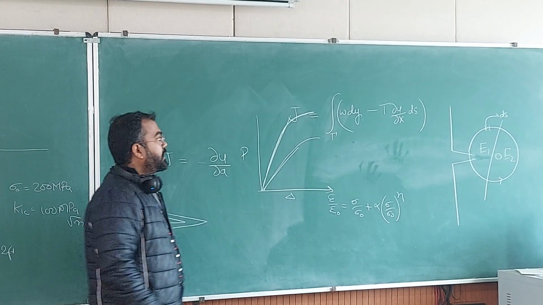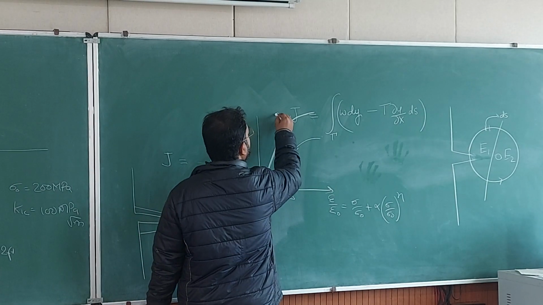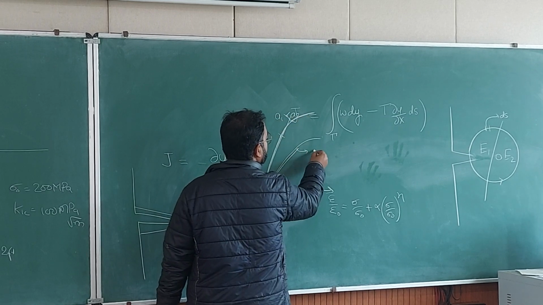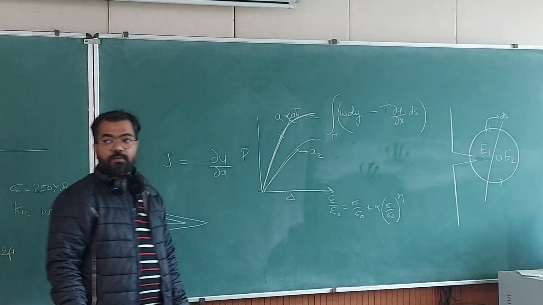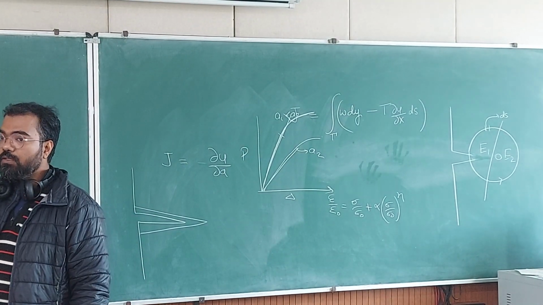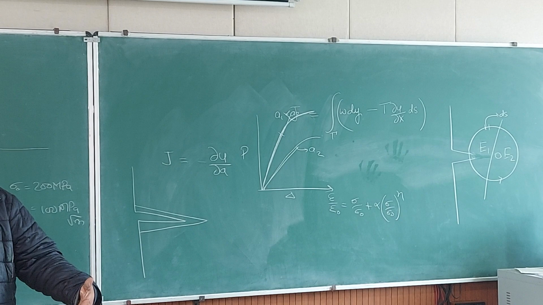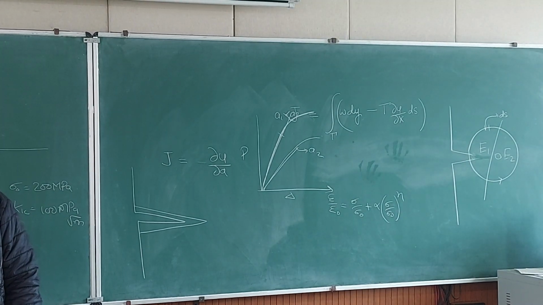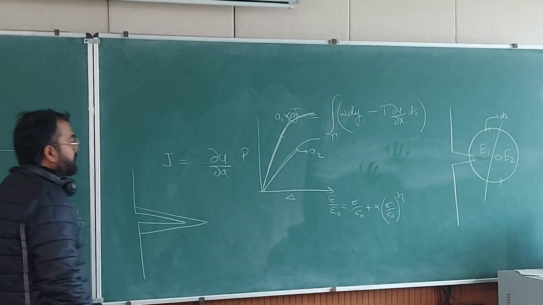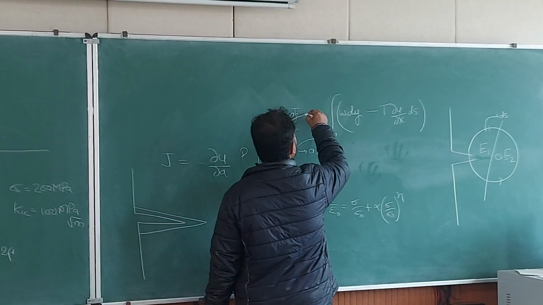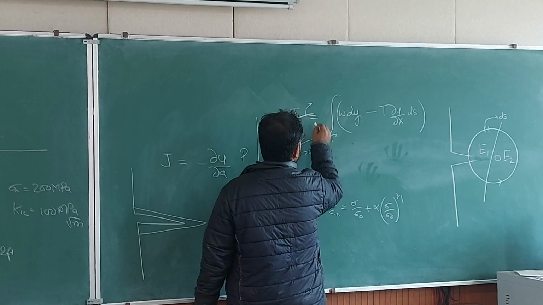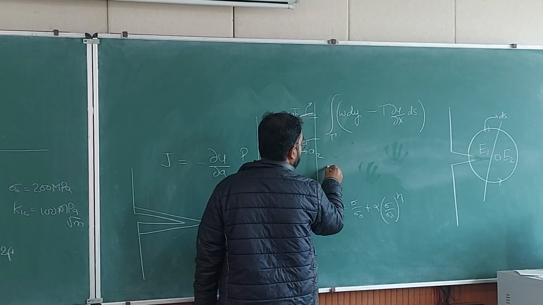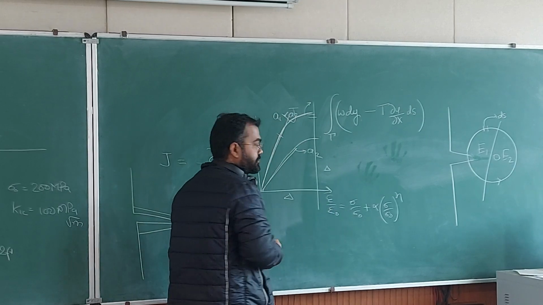Okay, and this curve will be for a crack length which is smaller than the crack length for this curve, because for a bigger crack it will absorb less energy, it is going to go to a lesser value of force. Okay, so for this and this, this becomes a case of constant displacement.